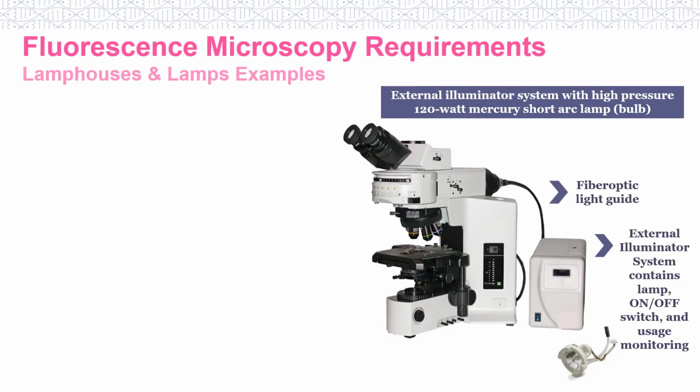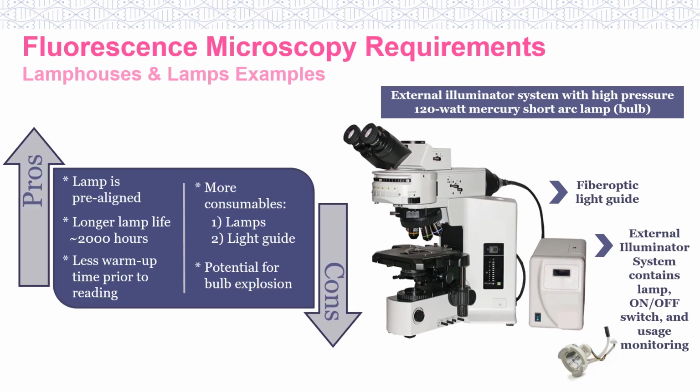The second type of light source we will discuss is an external illuminator system. This illuminator system houses a high-pressure 120-watt mercury short-arc lamp, or bulb, and can digitally monitor usage. It is connected to the fluorescence microscope by a fiber optic light guide.